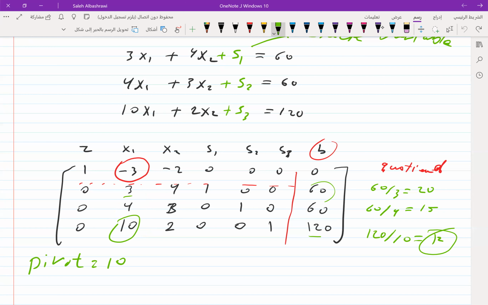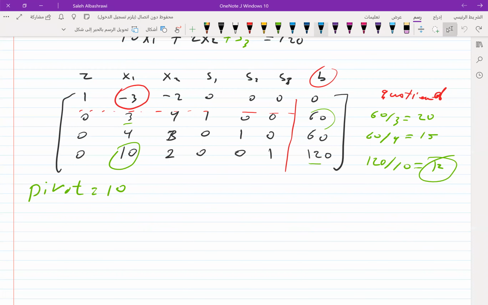It means that I'm going to make all the elements above this number 10 equal to 0, using row operations. So for the first one, 10 R1 plus 3 R4. I'm going to multiply the first row by 10 and the last row by 3 to make this equal to 0. So the first row will give me 10, minus 30, minus 20, 0, 0, 0, and 0.